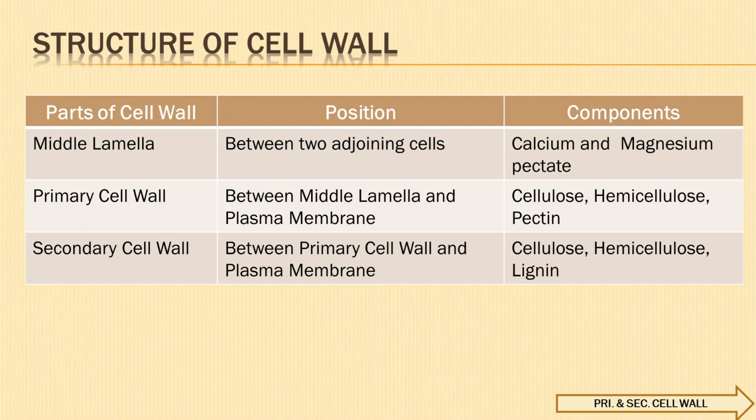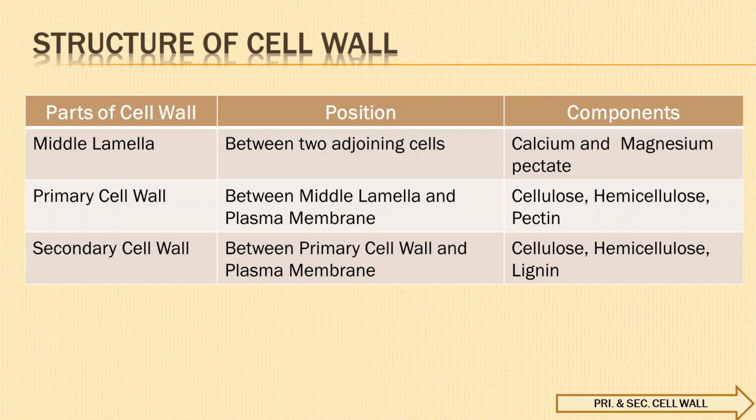Primary cell wall is composed of cellulose, hemicellulose and pectin. We have already discussed function of cellulose. Biological role of hemicellulose is their contribution to strengthening the cell wall by interaction with cellulose.